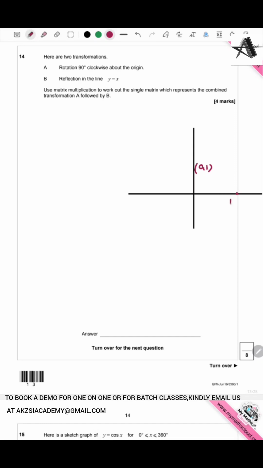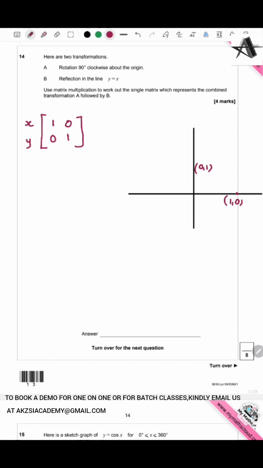Whenever we draw the matrix, it's like x and this is y. So 1 0 is written as 1 0, and 0 1 is written as 0 1. This is your original matrix.